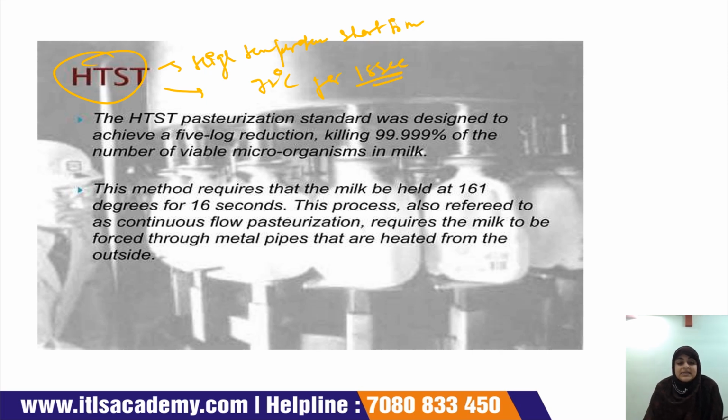It is designed to achieve a 5 log reduction, killing around 99.99% of the viable microorganisms in milk. This method requires the milk to be held at 161 degrees for 16 seconds. It is in Fahrenheit, but if you convert it into Celsius, it will be 72 degrees Celsius for 15 seconds.